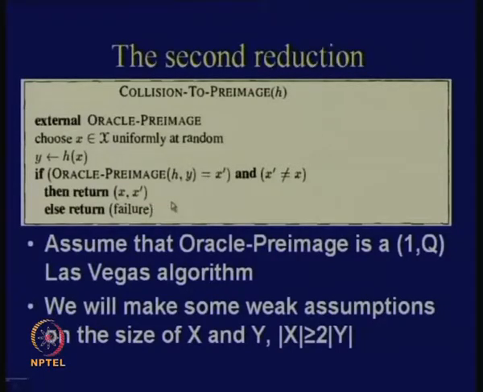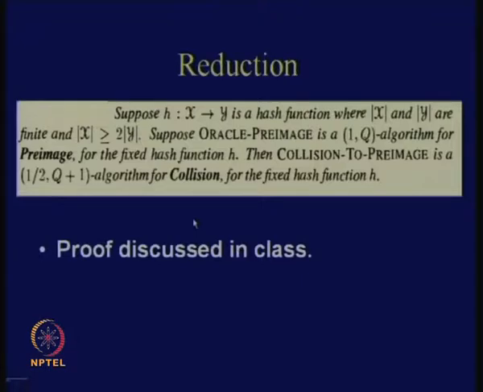This is an algorithm, and it is assumed that the oracle pre-image is a 1 comma q Las Vegas algorithm. If you make some assumptions on the size of x and y, which are practically true, that mod x is greater than twice mod y, then you can show this result. Suppose h is a hash function where mod x and mod y are finite, and mod x is greater than or equal to 2 mod y.